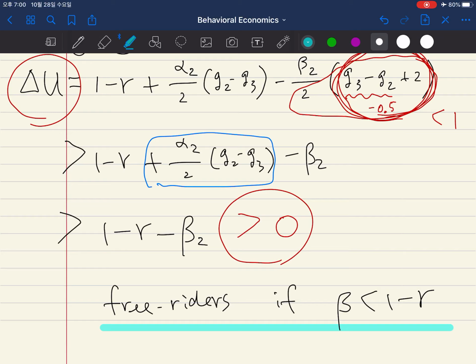Free riders are those individuals who feel a very small amount of compassion. They don't feel that much compassion about other individuals. Then these are the individuals who are likely to free ride, so they are willing to contribute a very small amount to public good.